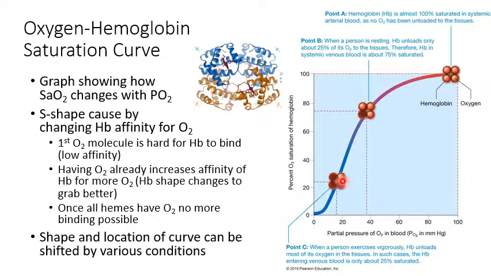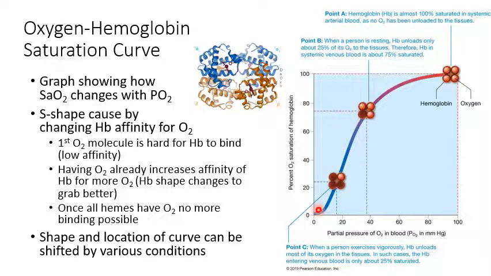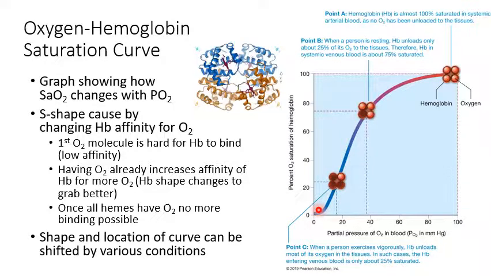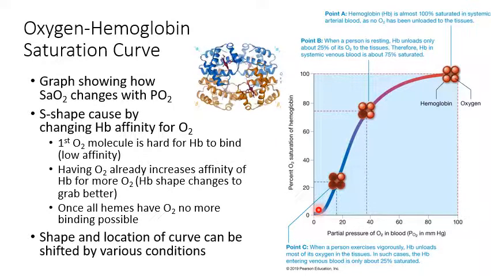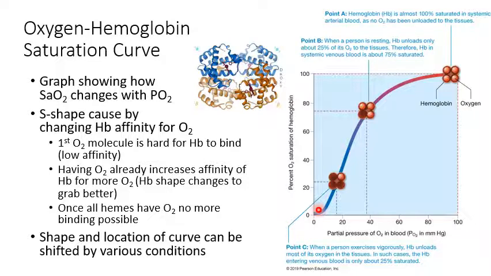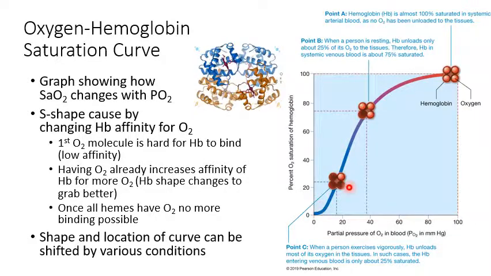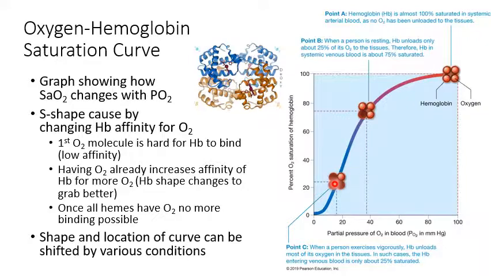If you start off with no oxygens on hemoglobin, it actually has a pretty low affinity for oxygen, which means it's hard for it to bind oxygen. It's not very good at grabbing oxygen. Once it does manage to grab its first oxygen, it becomes better at grabbing oxygen.